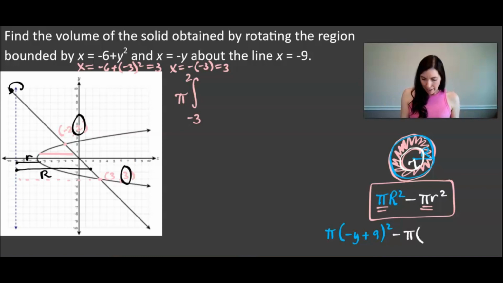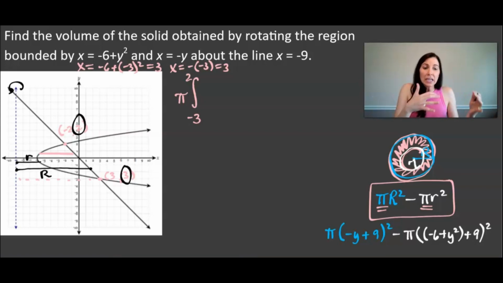So just make sure of that. It's the difference between the two functions, so it's going to be the sideways parabola, and then minus the axis, which is -9. So again, minus a -9 is going to be plus. And there we have it. So that is just what I need to put after my integral right here.